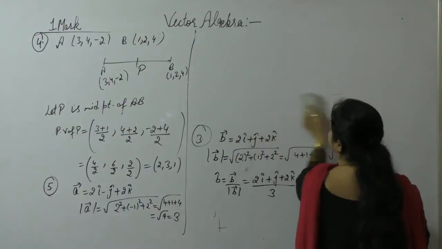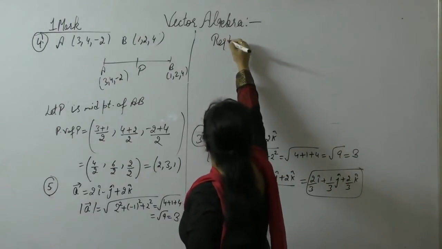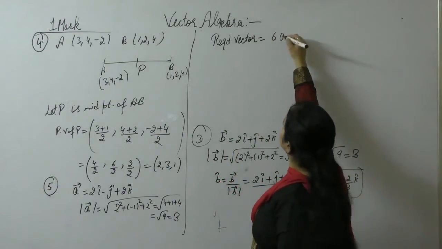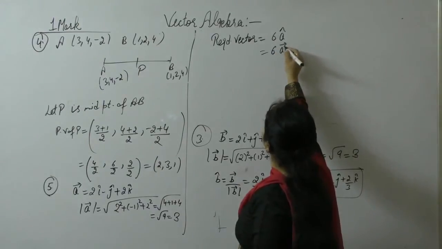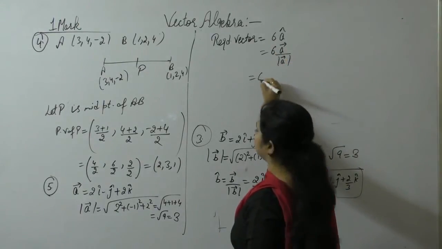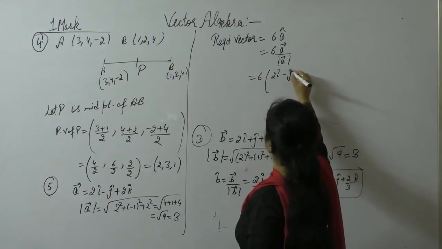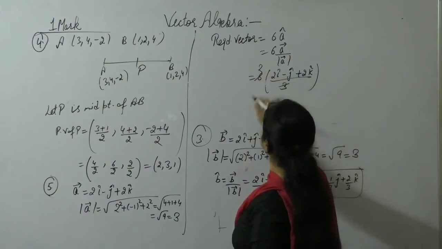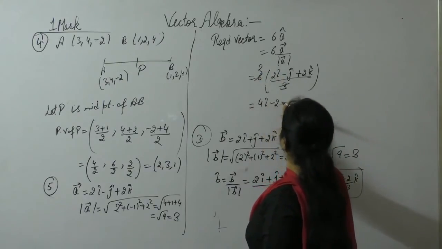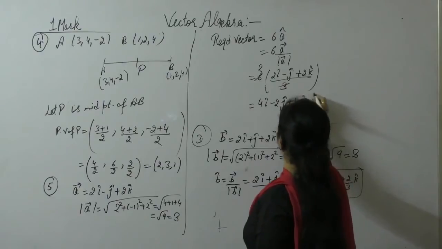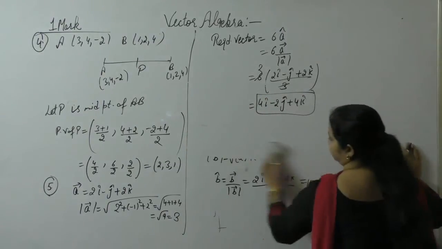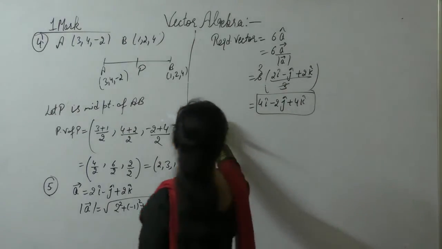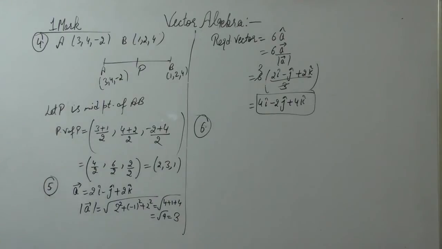Now the required vector in the direction of A vector whose magnitude is 6 is 6 into the unit vector, that is A vector upon magnitude of A vector. A vector is 2i minus j plus 2k cap and magnitude is 3. So the required vector is 4i minus 2j plus 4k cap.